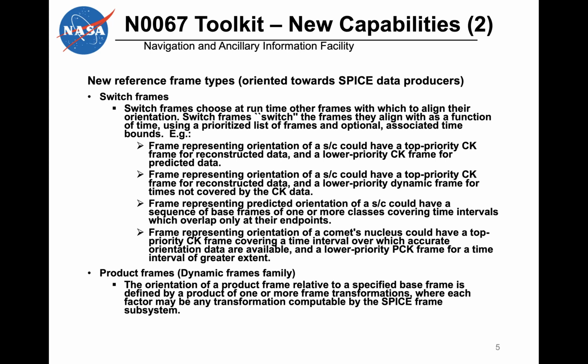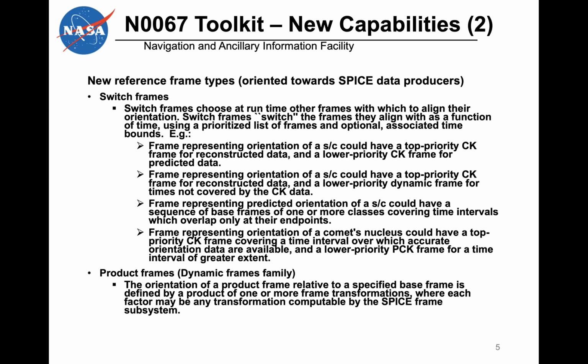Finally, another example is a frame representing the orientation of a comet's nucleus that could have a top priority CK frame covering a time interval over which accurate orientation data is available, and a lower priority PCK frame for a greater time interval where the detailed, resolved orientation of the comet nucleus is not known.